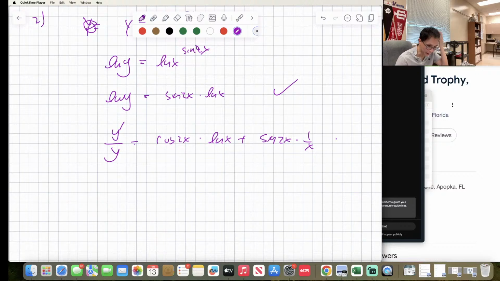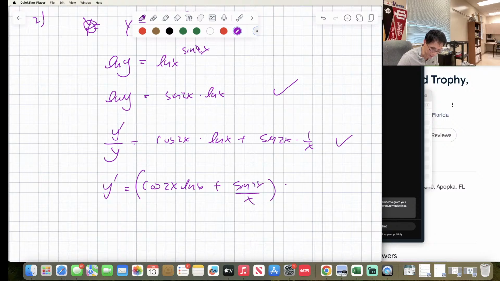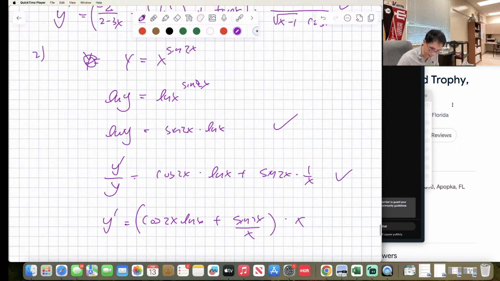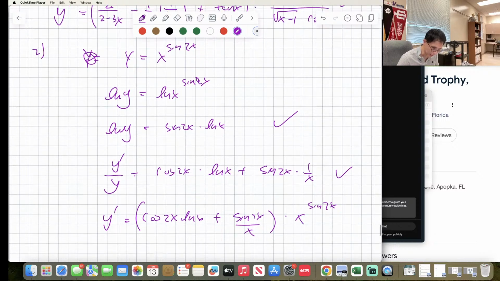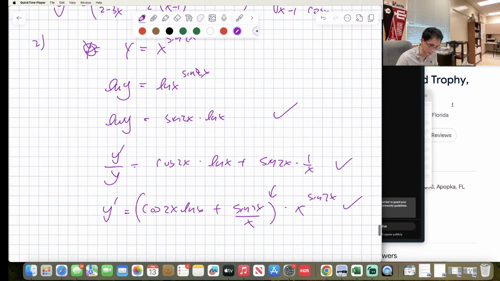They did the product rule correctly. Y prime is equal to cosine of 2x ln of x plus sine of 2x over x, times x to the sine of 2x. Now, like I said, if they don't have this parenthesis, it would give you 2.5 check marks.